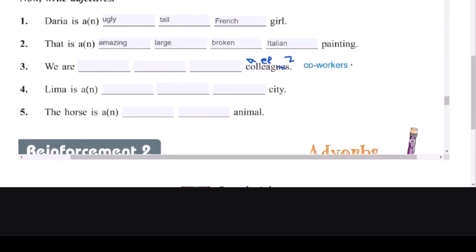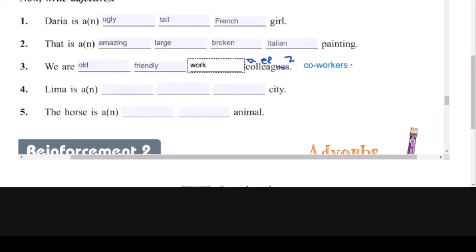Anyway, what about the adjectives now? We are all friendly work colleagues.